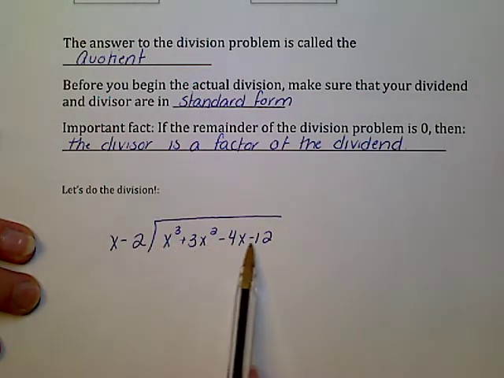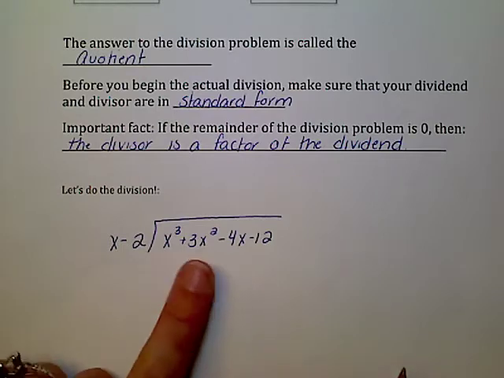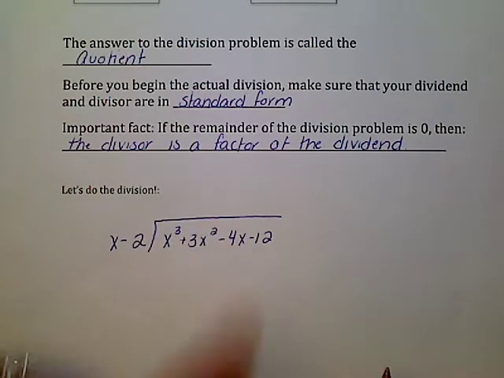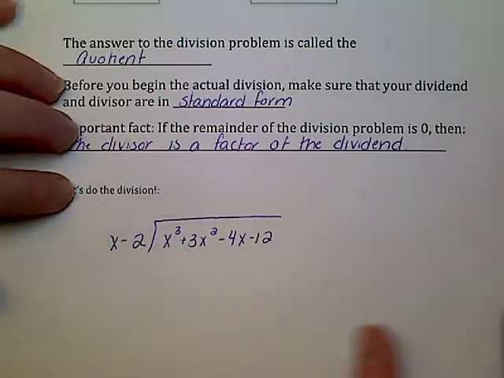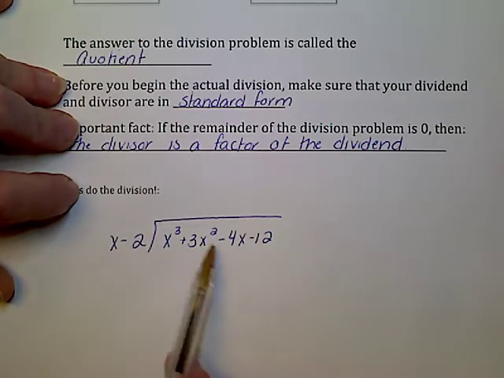We're not skipping any terms there. Every term is represented. Sometimes you may find it necessary to put in a placeholder. For instance, if we didn't have the x squared term, I would need to put in a 0x squared there.